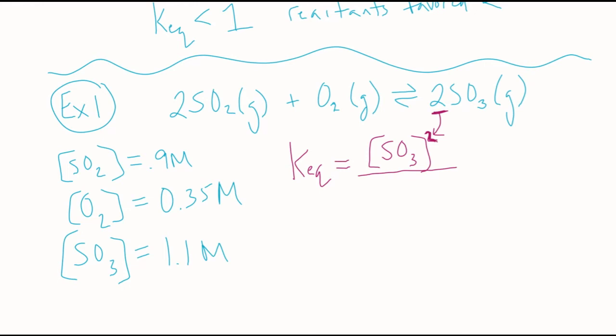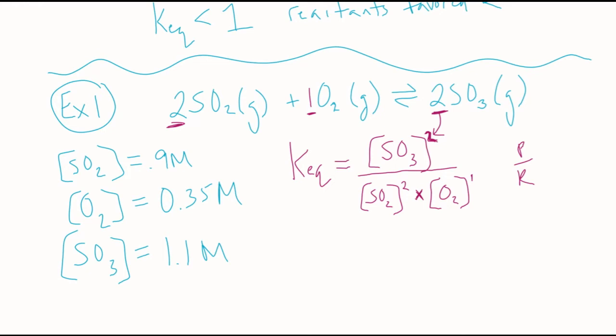And then on the bottom, we're going to have our reactants. So we're going to have SO2, and that's going to be to the power of 2, multiplied by O2, and that's just going to be to the first power. Those powers come from our coefficients. Make sure you do multiply them. A lot of people forget and just add them like the equation.